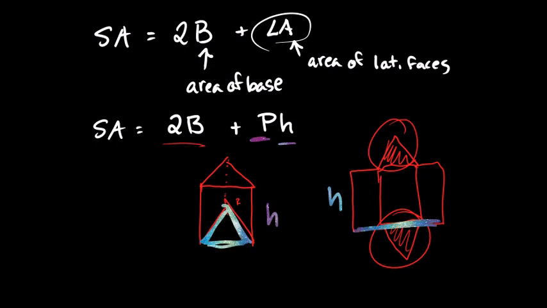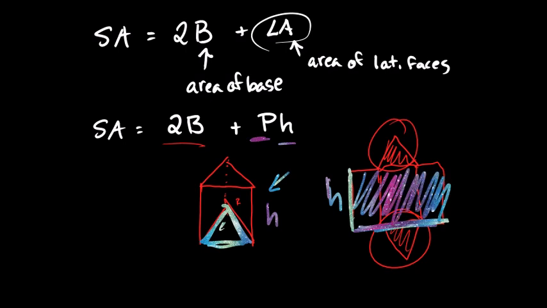And that actually becomes, when I lay it out, the length of this rectangle right there. So really, if I have that height of the solid figure, then I can multiply that by the perimeter of the base, which becomes a length. And so that's going to give me the area of all of those sides together.